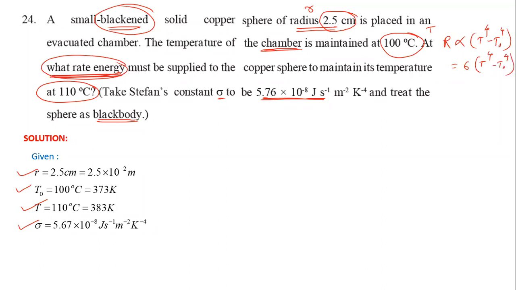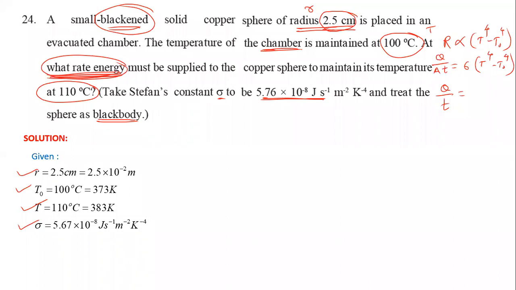But you have to find out this R, basically at what rate, and here radius is given, so that rate depends on the area. So you can write Q upon A T, and Q by T is that rate.